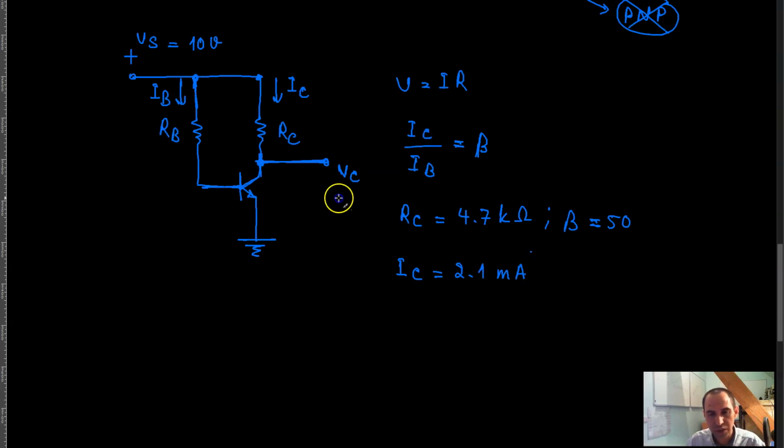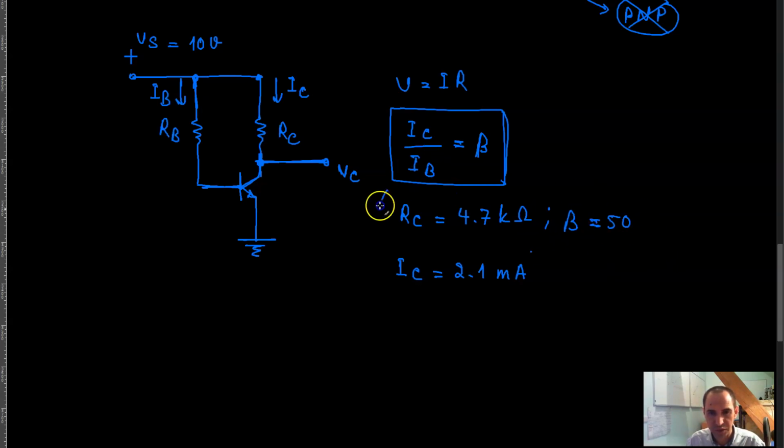Now this is the current that I need to have over here, and in order to get the transistor to draw this kind of current from the power supply, I need to play with this equation over here, meaning that we said that I of C to I of B is equal to beta. And the beta of your transistor is in this case 50.